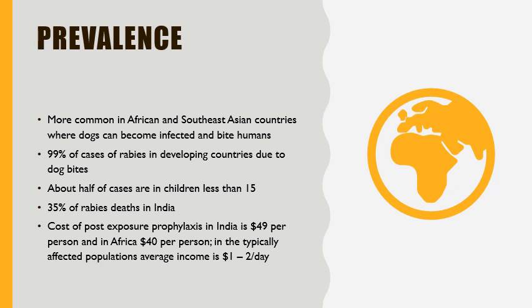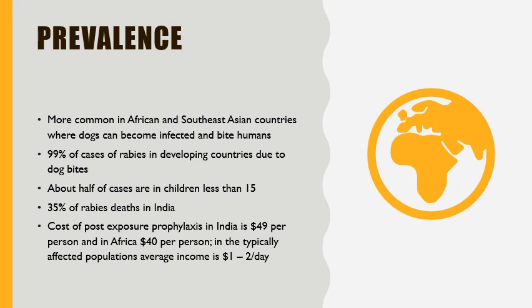Importantly, we're dealing with a disease that mostly is occurring in developing countries where people are facing a lot of poverty. The most common way of treating this disease with these patients is post-exposure prophylaxis. They've already been bitten and they need treatment.